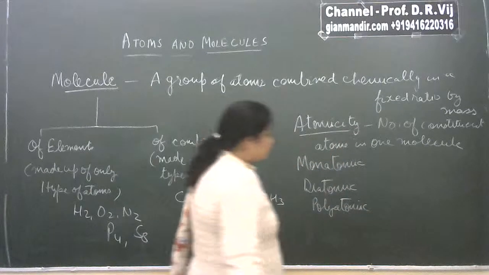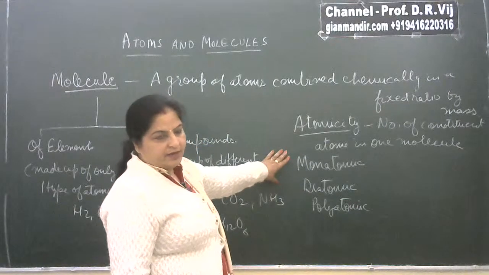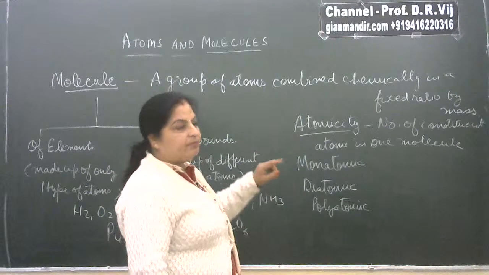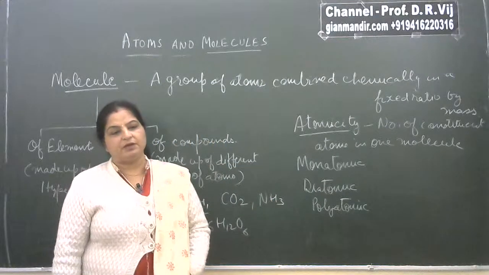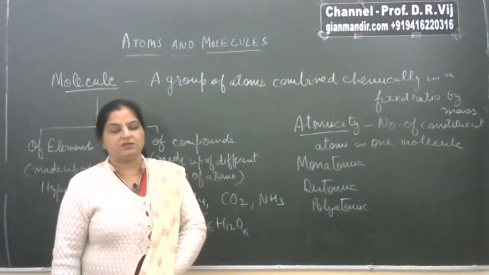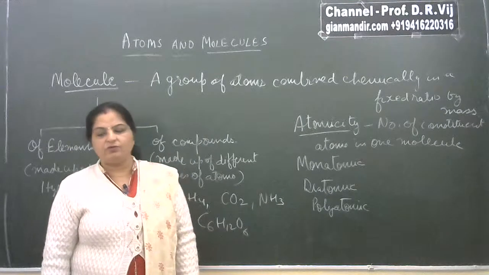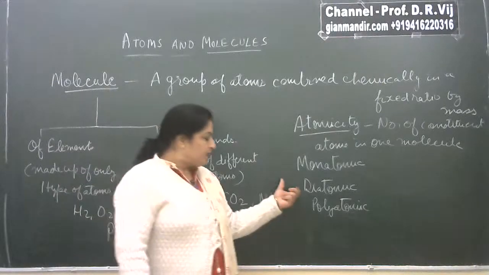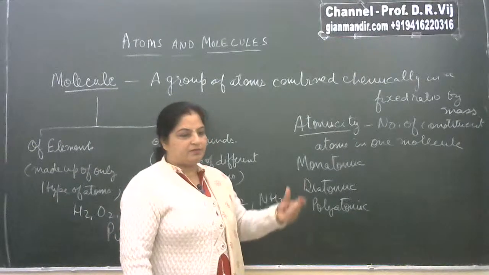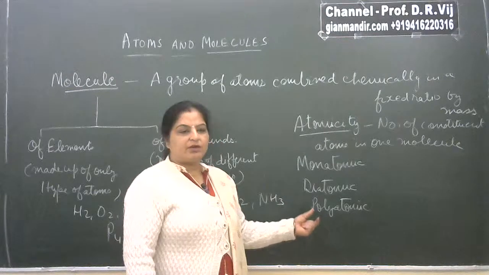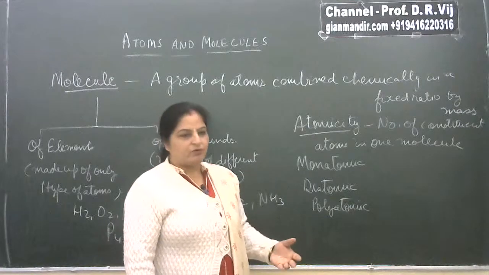Monoatomic molecules, as the name shows, have only one atom, or you can say the atoms that are capable of independent existence, that can exist independently on their own, are said to exist in the form of monoatomic molecules. Diatomic molecules are the molecules where atomicity is 2. Polyatomic molecules are the molecules where atomicity is more than 2, right?